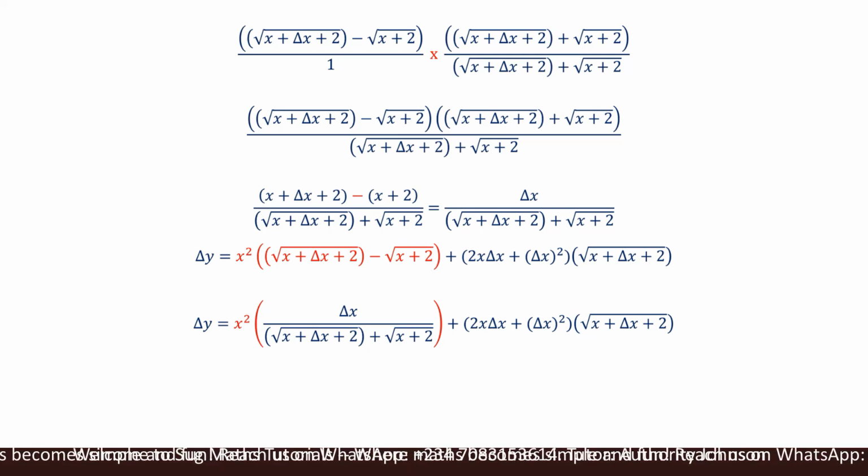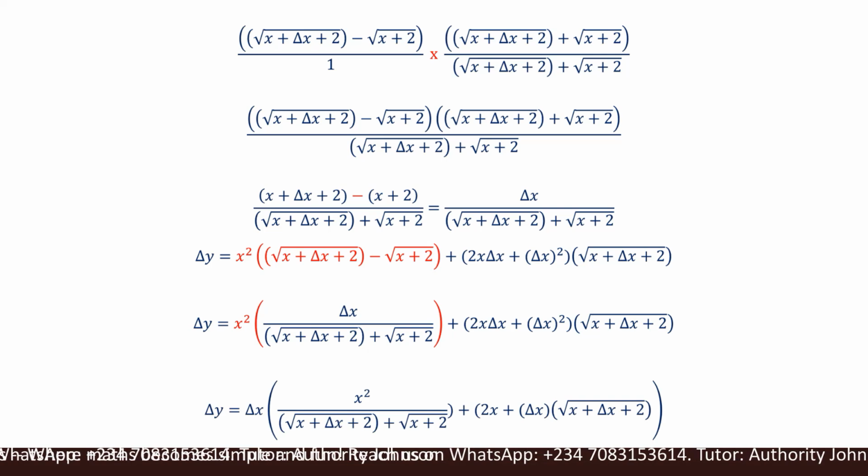Now, we have two terms. The first term is in fraction, the second term is not in fraction. But we can see that we have change in x in both terms. So let's factor out change in x. When we factor out change in x in the first term, we're going to have just x squared all over square root of x plus change in x plus 2 plus square root of x plus 2.